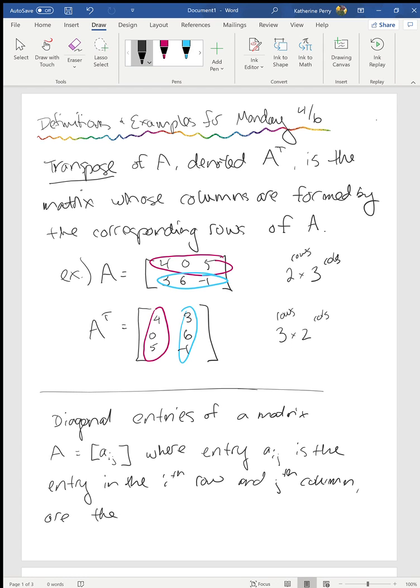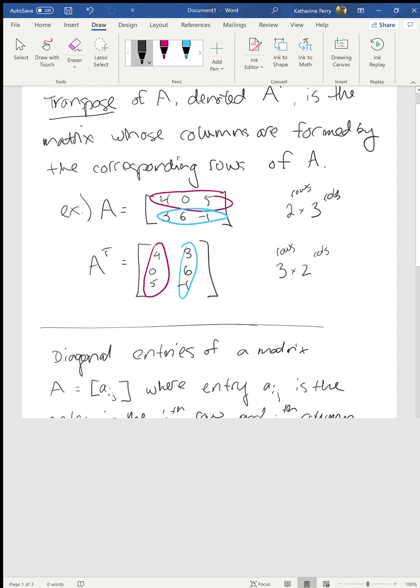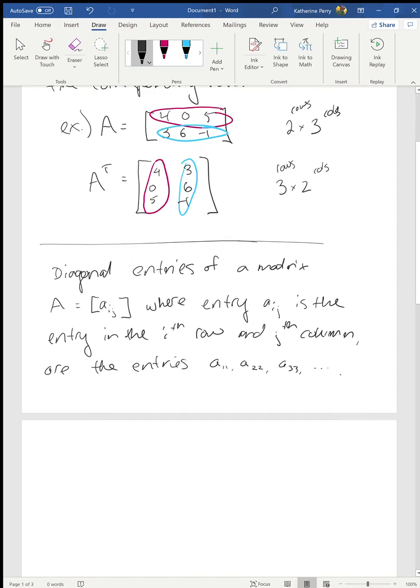So the diagonals are the entries A11, A22, A33, up to however big your matrix is. And I think this is easier to see on a picture.